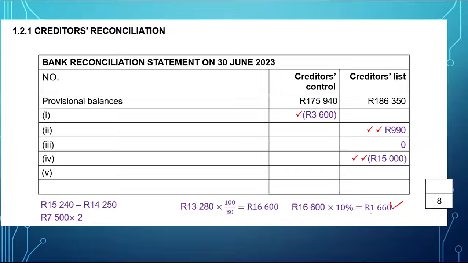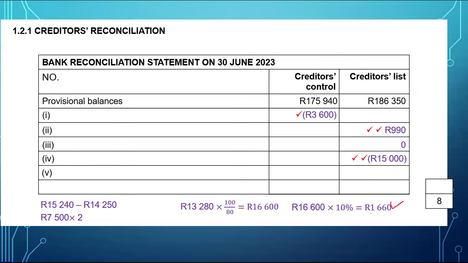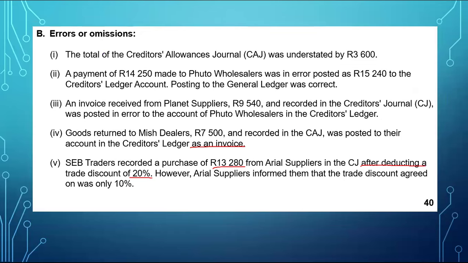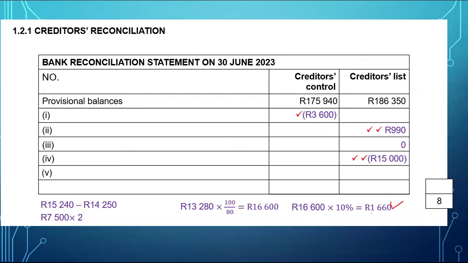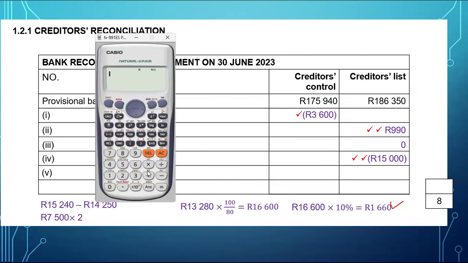Under creditors control, just for you to understand what I mean by that, let me just show you calculations. When we bought from aerial suppliers, we recorded the purchase of those goods at 13,280 instead of at this amount.